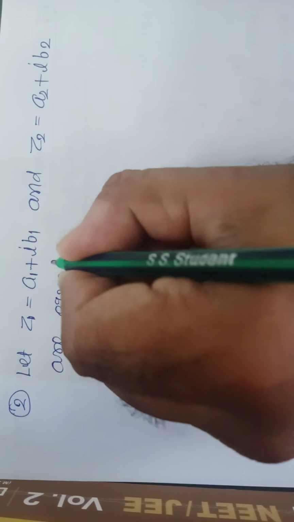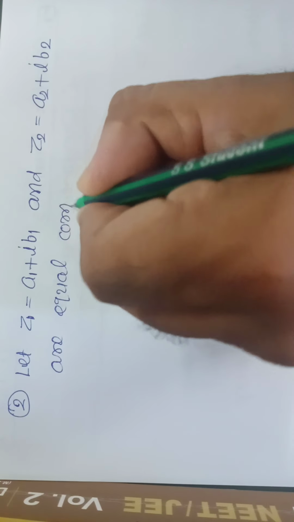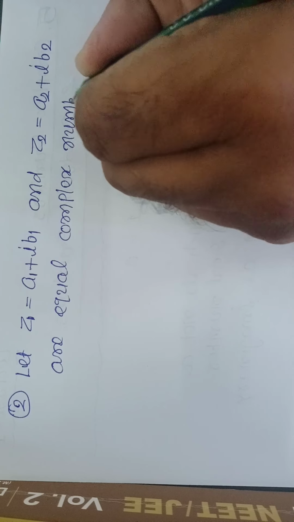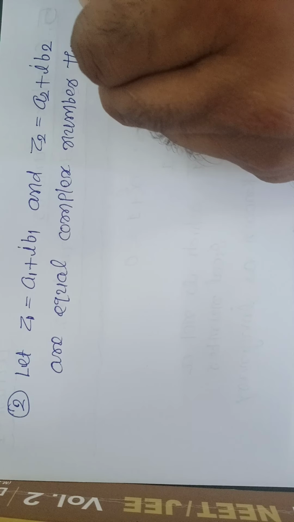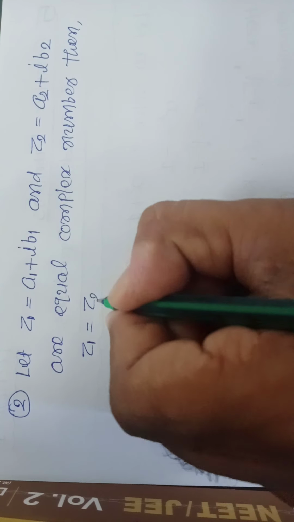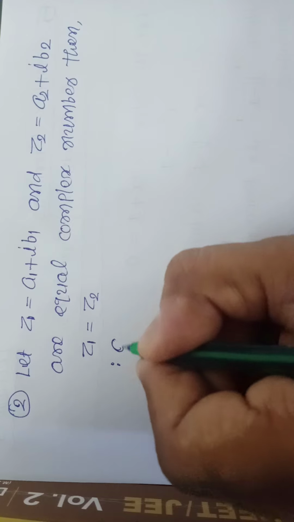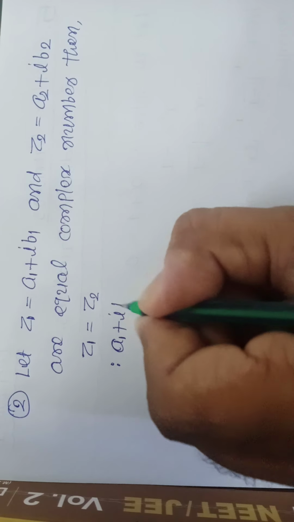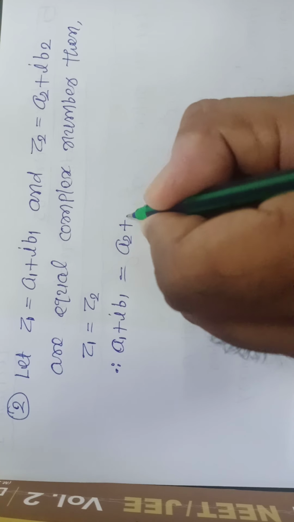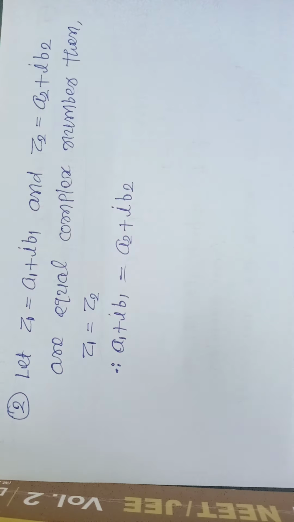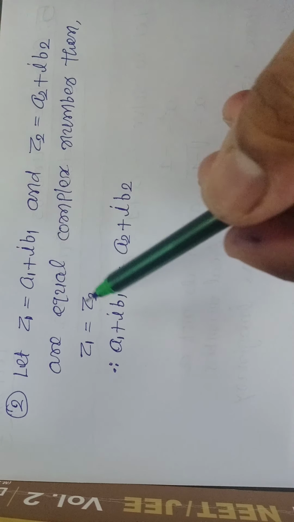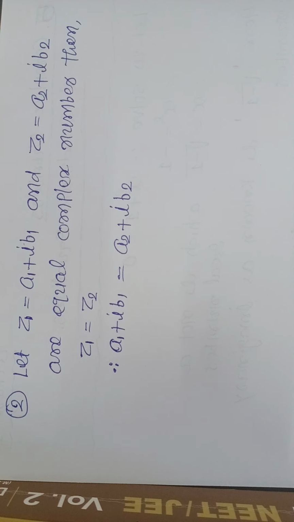Let z1 equals a1 plus ib1 and z2 equals a2 plus ib2 be equal complex numbers. Then we must say that z1 equals z2, and therefore a1 plus ib1 equals a2 plus ib2.